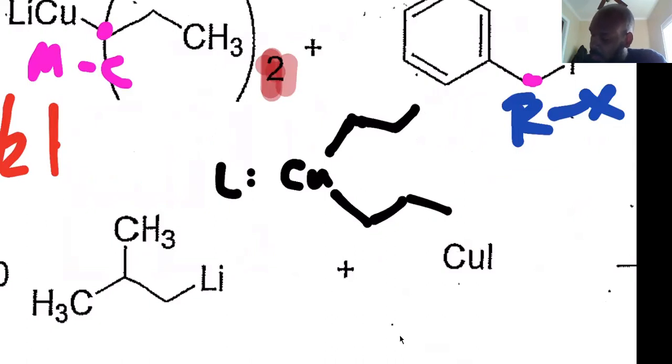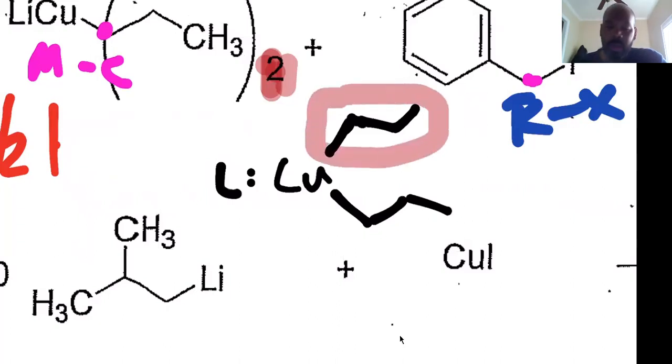One of the key ideas behind the Gilman is that only one of those groups is going to get used, right? So we'll transfer one, and then one stays with copper. Good question. Okay. Thank you.